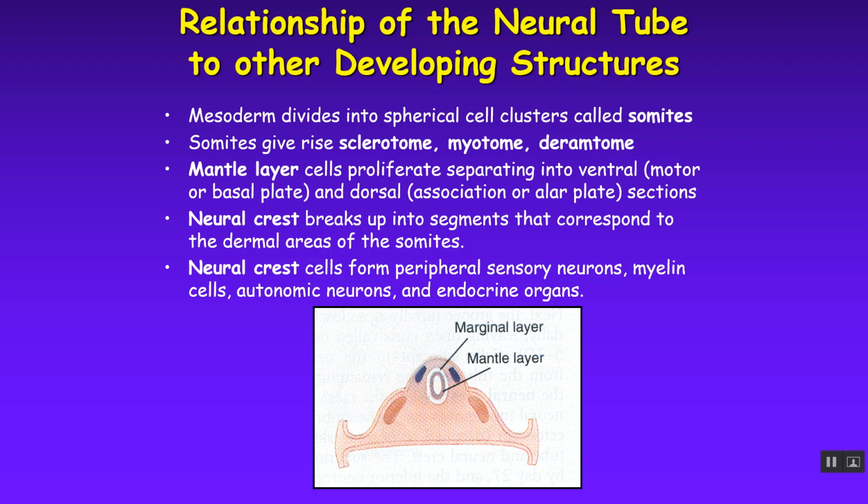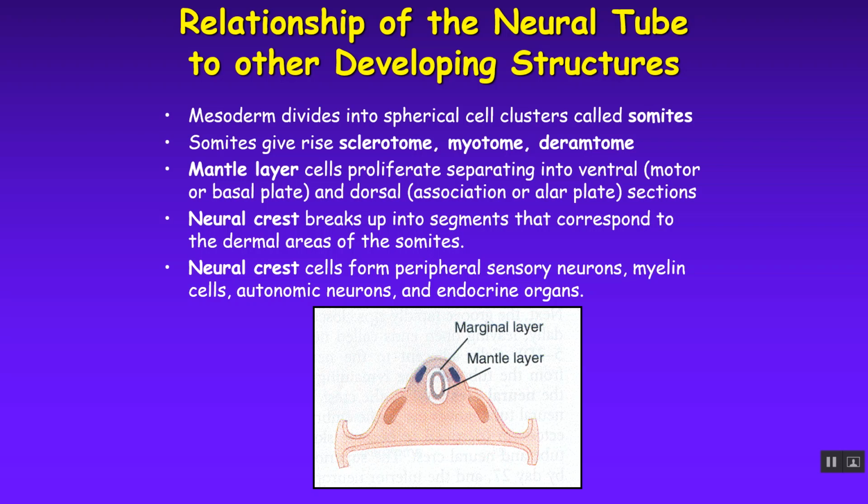You can use those somewhat interchangeably. Some books will call it basal plate, some will call it motor plate. And then the dorsal part, back part of that gray matter, becomes the association or alar plate. It's association, afferent, alar. It's a sensory structure, a sensory area of gray matter in the spinal cord.